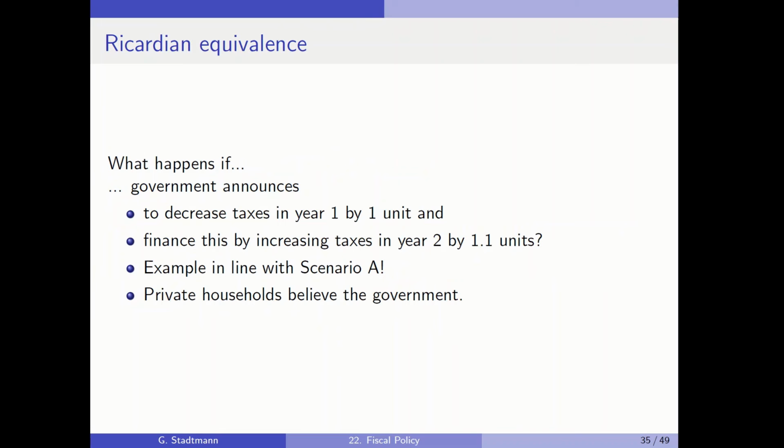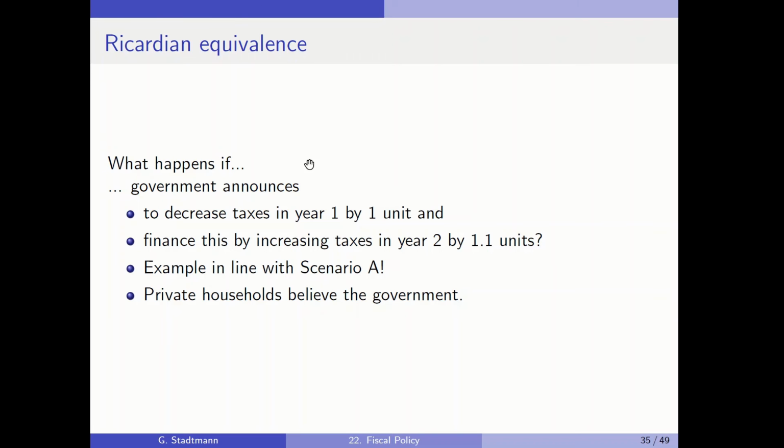Let's once more have a look at scenario A of our numerical example. There it was the case that the government was decreasing taxes in year 1 by 1 unit and financed this by increasing taxes in year 2 by 1.1 units.